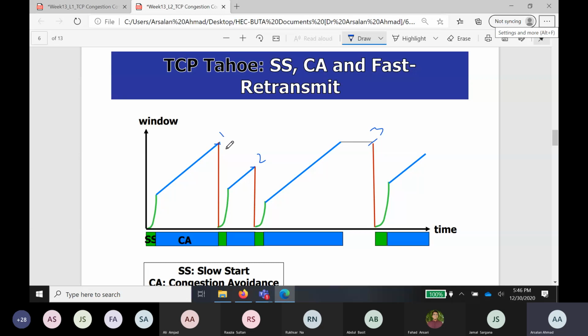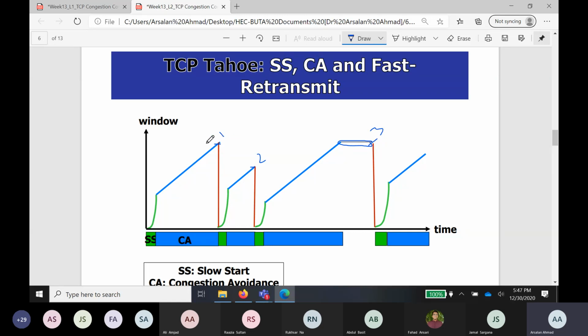It's vice versa. 1 and 2 are triple duplicate ACK, and 3 is timeout, and it can be observed and detected. We are waiting for a significant amount of time. Time is on the x-axis. We took some time to detect segment loss. Here, there is no time being shown. This means we received 3 duplicate ACKs, and based on the triple dup rule, the segment must have been lost.